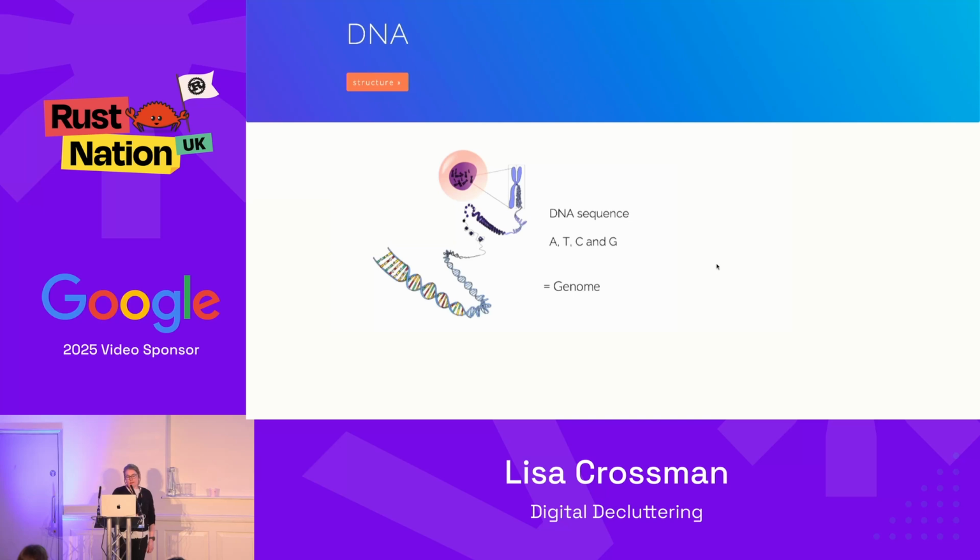DNA itself is a phosphate sugar backbone, which is made up of 4 bases as well: adenine, thymine, cytosine, and guanine, and we abbreviate those to A, T, C, and G. All of the DNA sequence in an organism is its genome.